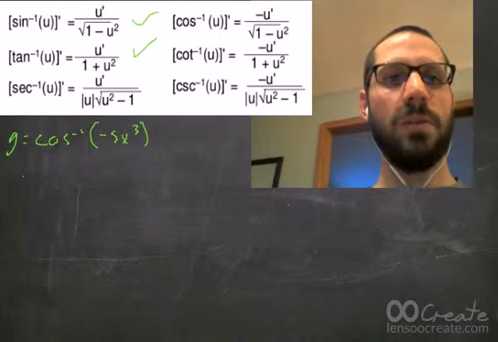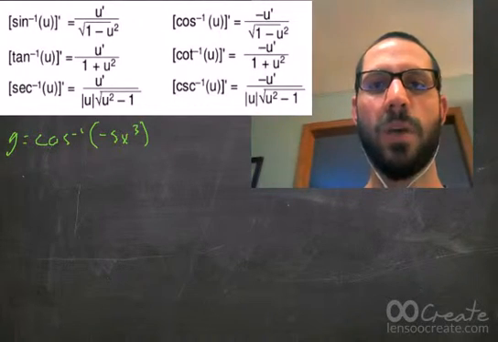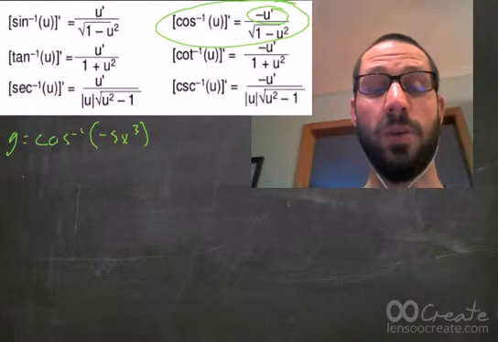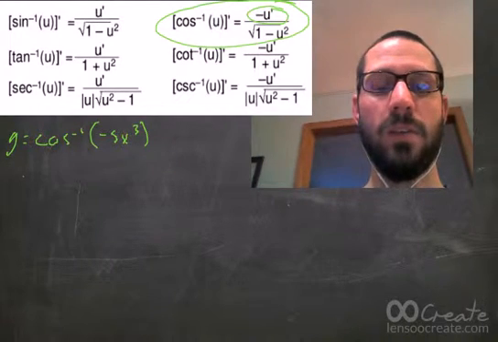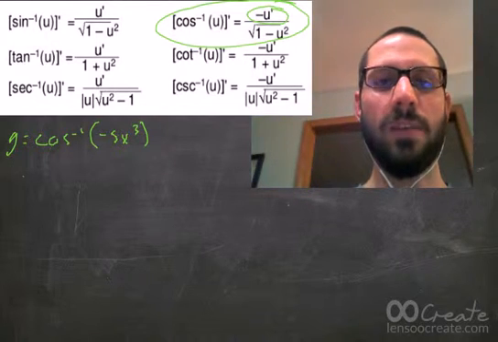Y equals cosine inverse of negative 5x cubed. I feel like once you practice a few of these, you really get the hang of it. So we've got our formula here. Our u is going to be negative 5x to the third. So the derivative of that is negative 15x squared.